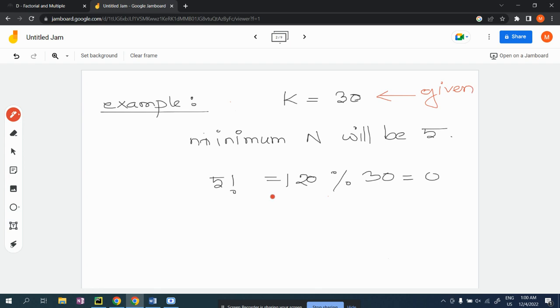For that, the minimum n will be 5, because 5 factorial is 120 and 120 modulo 30 is equal to 0. You can check other numbers less than 5 and you will find that they are not eligible, because their factorials will not be a multiple of 30. So for that case, the answer is 5.